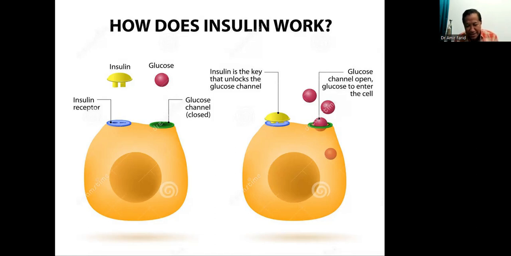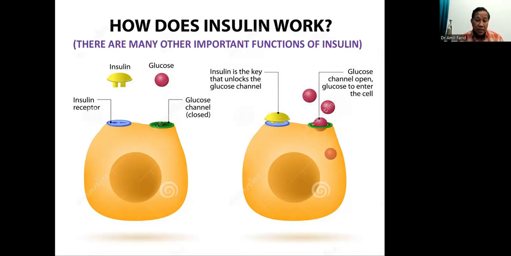In those cells, the glucose can go into the channel without needing instructions from the insulin receptor. So this is what most people are aware of about the function of insulin on the cells. But we must also be reminded that there are many other important functions of insulin, which I will mention later on.